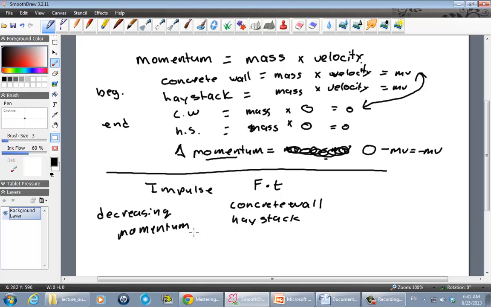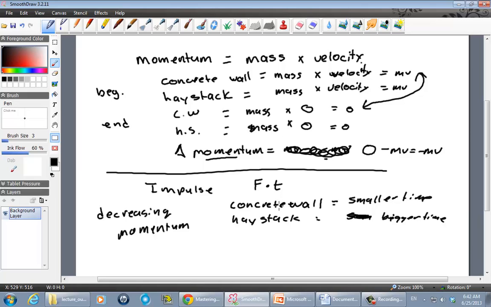And so the bigger that absolute value, the bigger this number is, the bigger the change in momentum. Well, what happens with the concrete wall or the haystack? We have a smaller time with the concrete wall, and with the haystack, we have a bigger time, because it takes a very short amount of time to go from your original velocity to your 0 velocity if you hit a concrete wall.